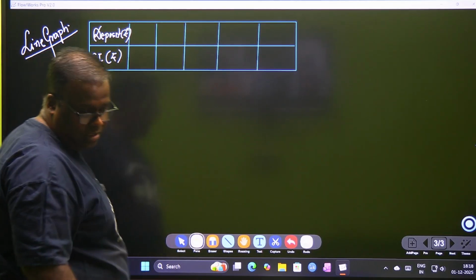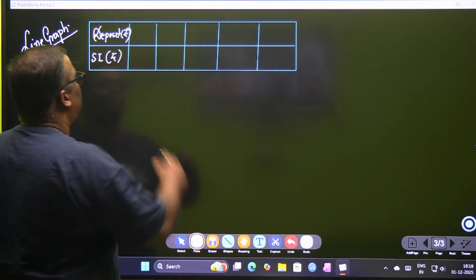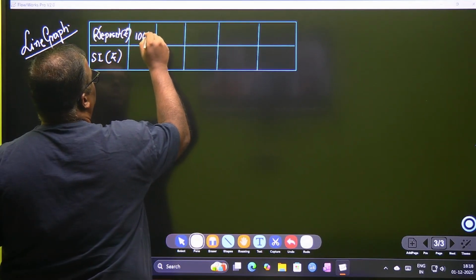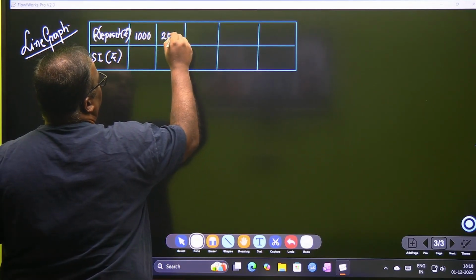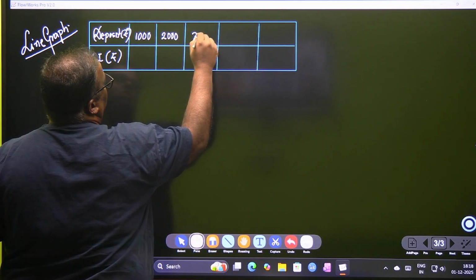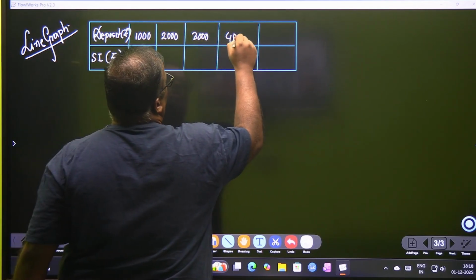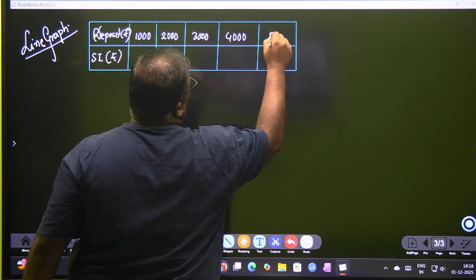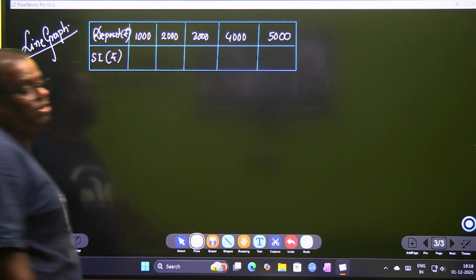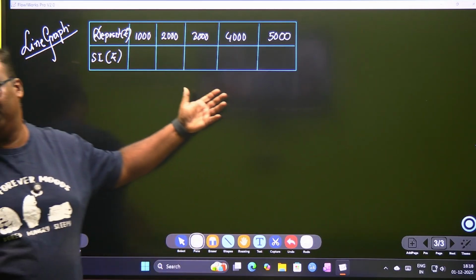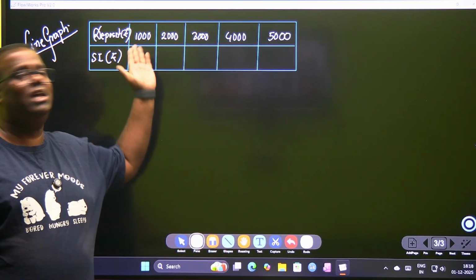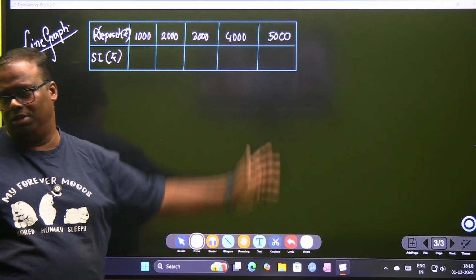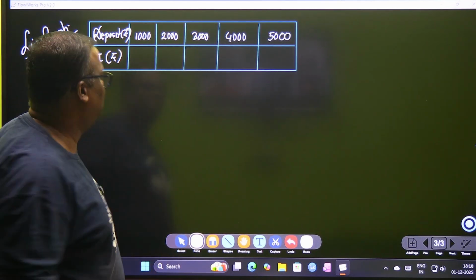The values are 1,000, 2,000, 3,000, 4,000, 5,000. You have visited a bank and the bank has given you a flyer, a printed sheet like this. अगर आप 1,000 रुपए डालोगे तो इतना मिलेगा, 2,000 डालोगे तो इतना मिलेगा, जैसे ब्रॉडबैंड की तरह आपको दे दिया है.